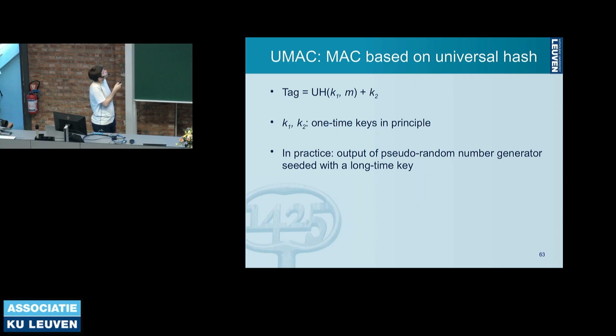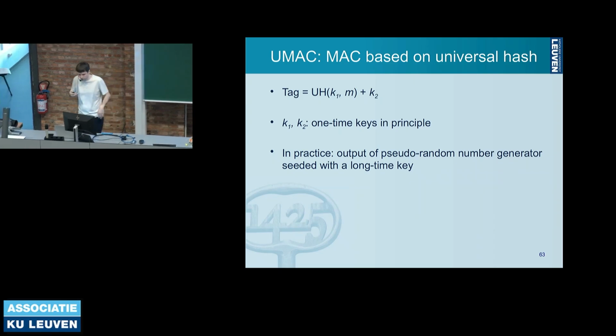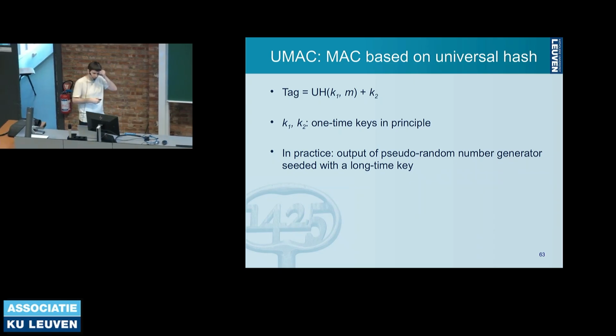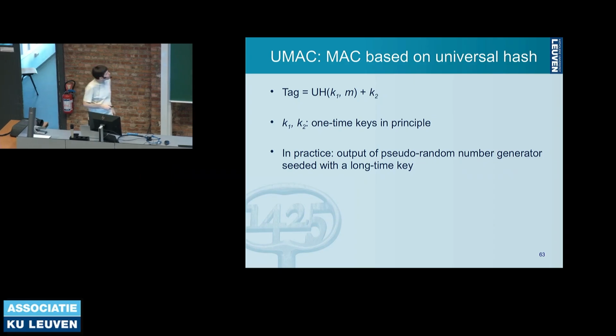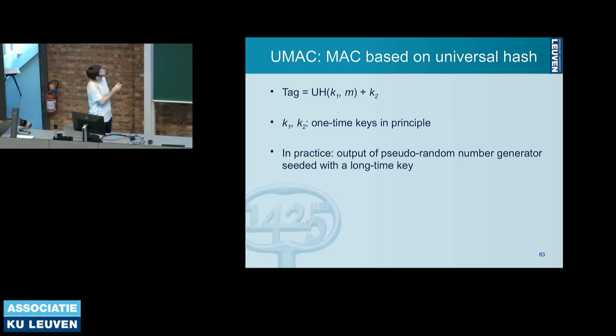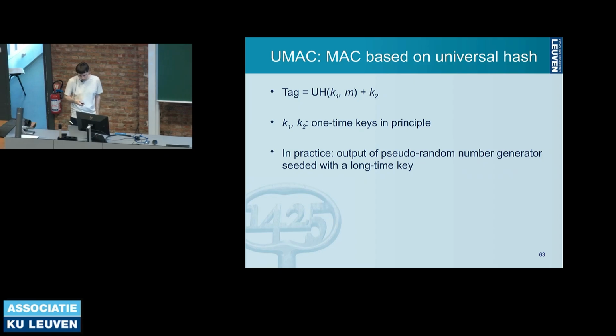You generate keys K1 and K2 using, for example, a block cipher, which you can use to build a pseudo-random number generator to make these keys. And then you apply the universal hash function with a certain key, and you add this second key to the output.